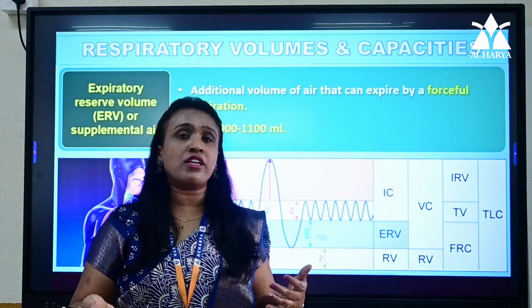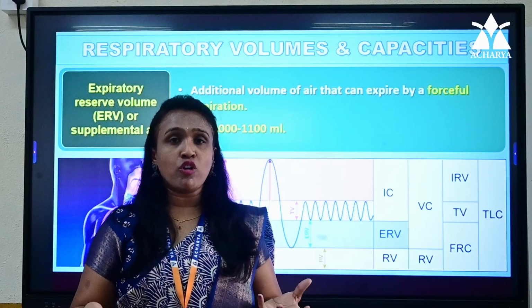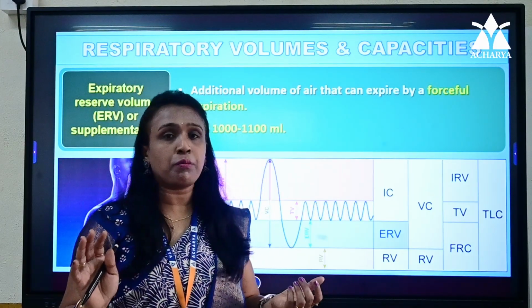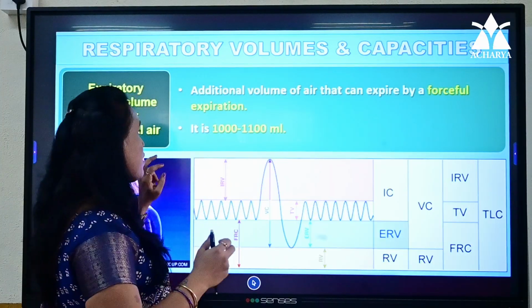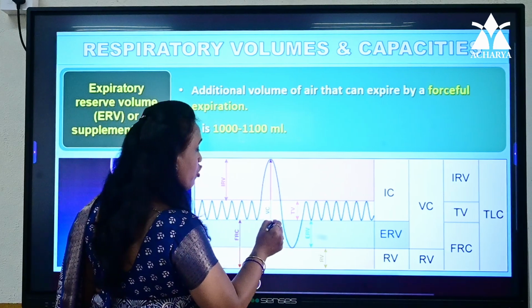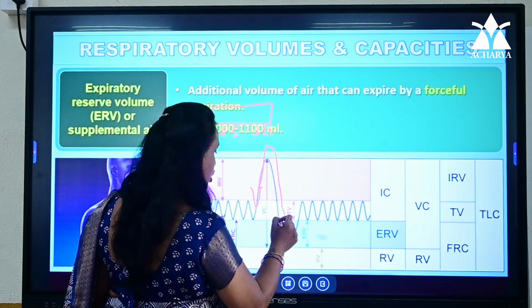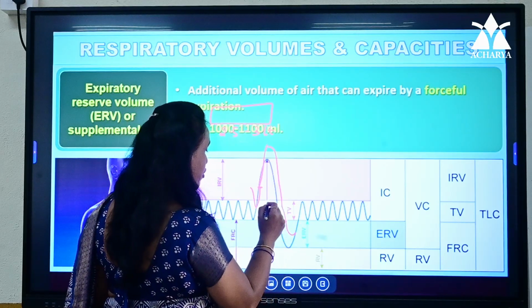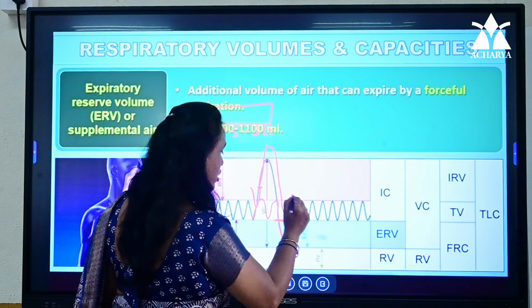So the more the exhalation, the more carbonated blood reaches the alveoli, more exchange takes place so that your body gets its oxygen. So the forceful expiration is about 1000 to 1100 ml. It is falling below the tidal volume. If this is the tidal volume, it is falling below the tidal volume.